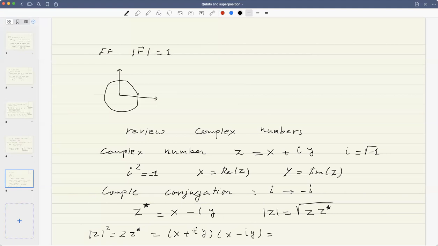That gives x times x, which is x squared. i times minus i is going to be -(i squared), which is 1, so that gives me 1, and then I get a y squared. And then I have minus ixy plus ixy, so those cross terms cancel. Okay, so that's a brief review on complex numbers. All right, let's continue with this discussion here.